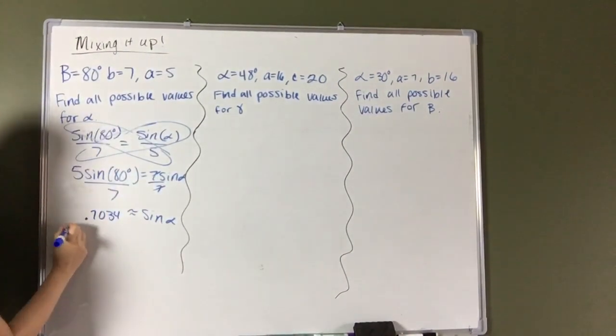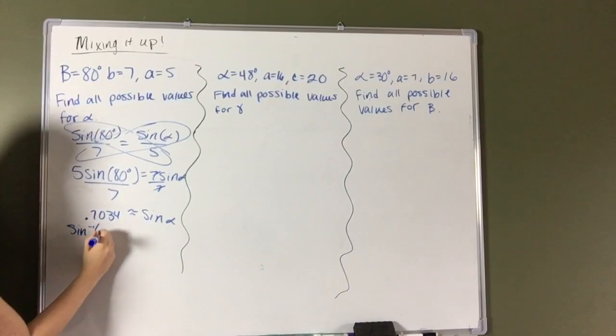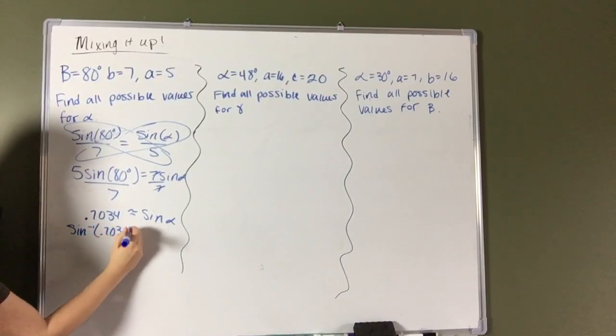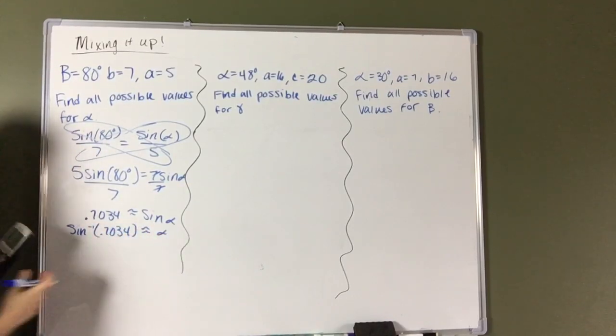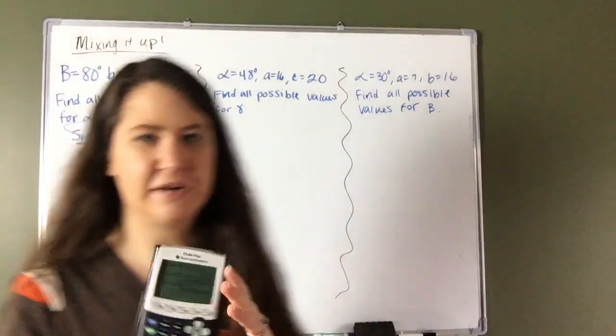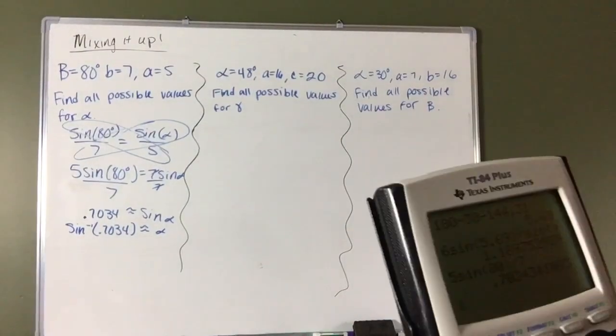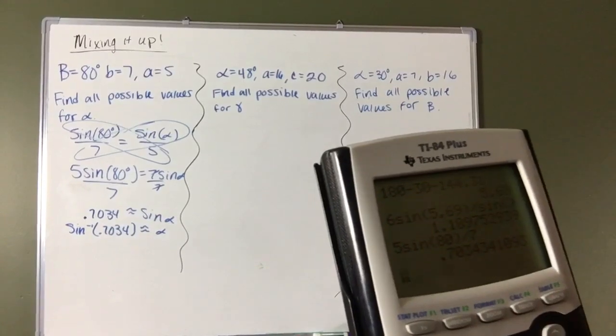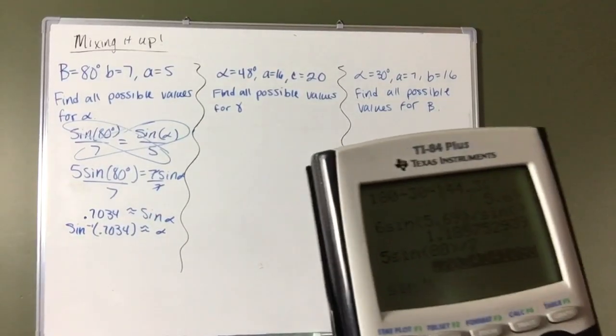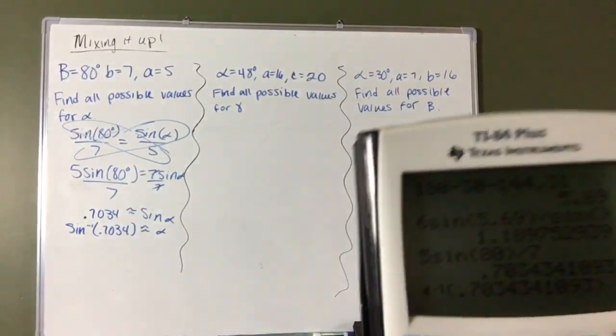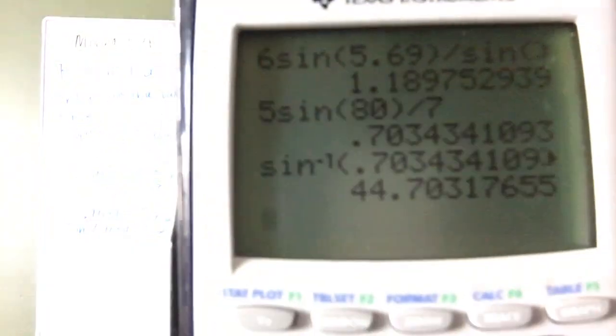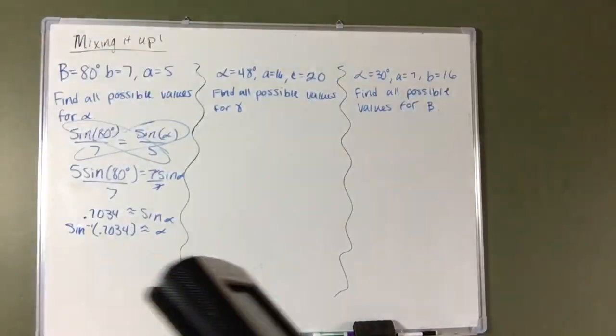Okay, so then to solve for alpha, we'll take the arc sine of that. When you type in your calculator, you want to use the whole entire number. So arc sine, and then go up and pull that number down. And you get 44.7 approximately.